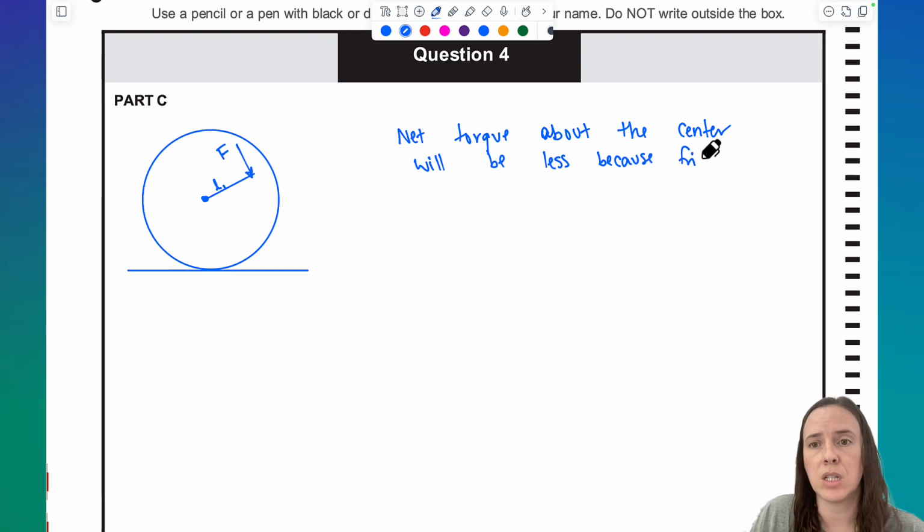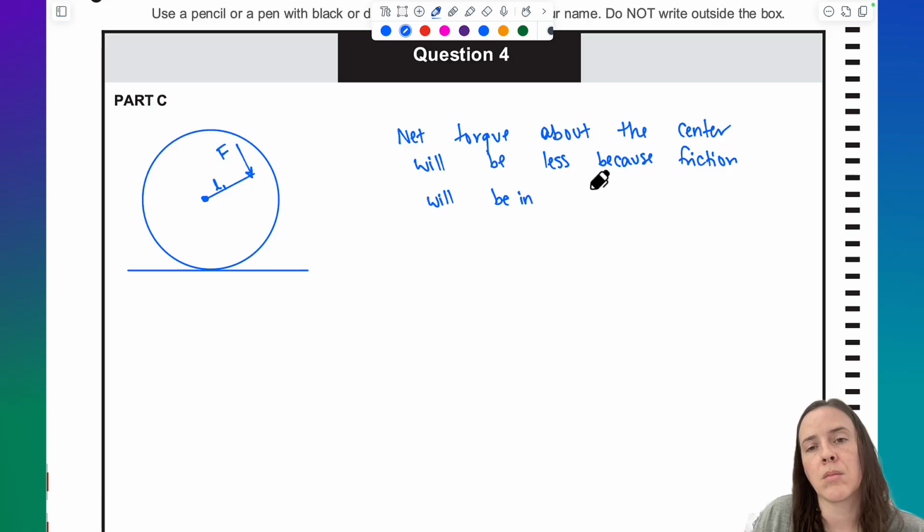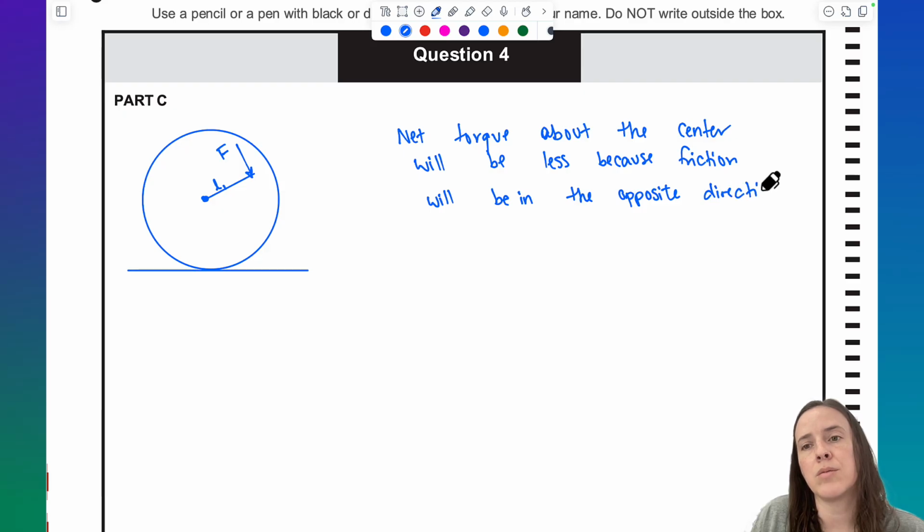Friction will provide a torque in the opposite direction, so the net torque around the center of mass is going to be lower.